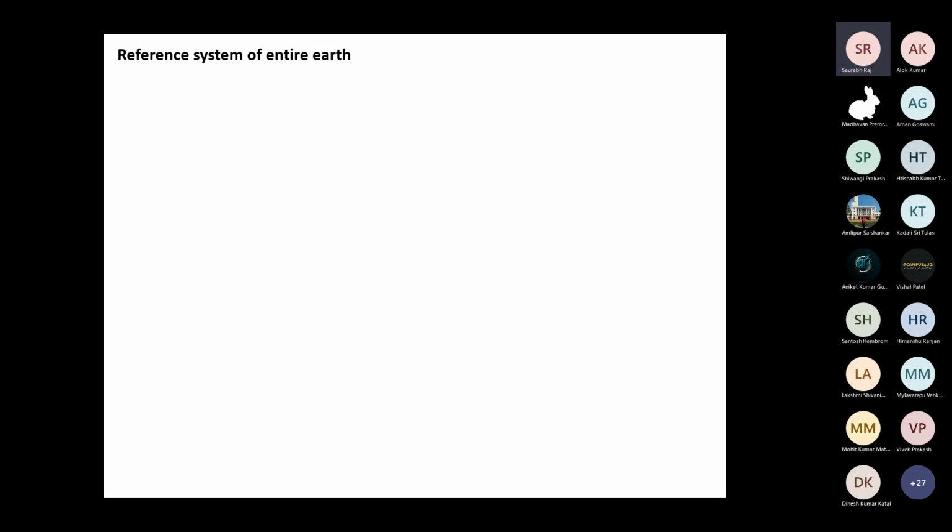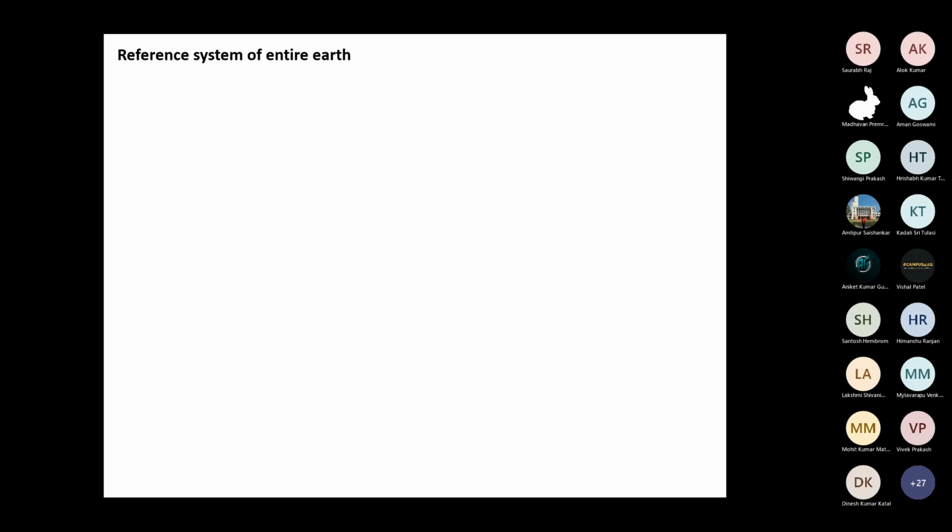Sir, we use the pole star for north. Okay, north direction. That is fine. But let me explain another way. Suppose you take the example of mean sea level.